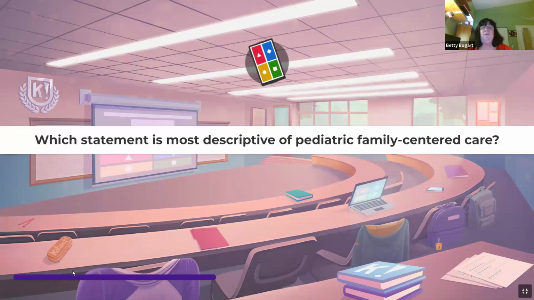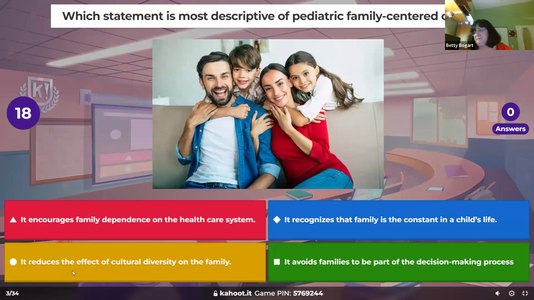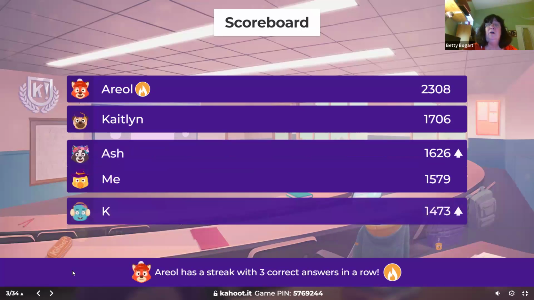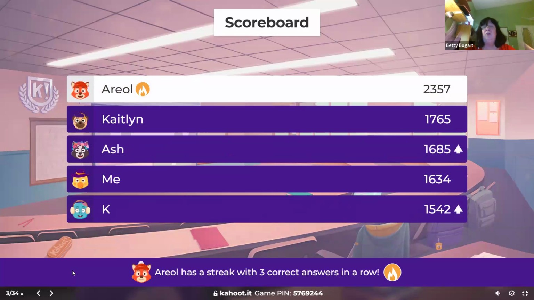Which statement is most descriptive of pediatric family-centered care? It's a constant in their life, absolutely. That's the one thing children know. As they get older, they start to know a little more.